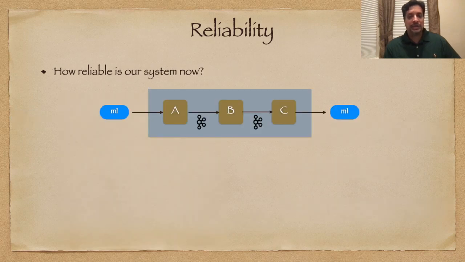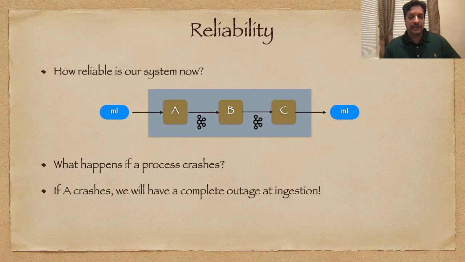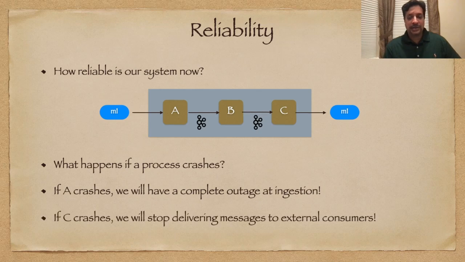Now, what can we say about the reliability of our system? Well, what happens if a process crashes? If A crashes, we will have a complete outage at ingest. That means our system will not accept any new messages. If C crashes, we will stop delivering messages to external consumers. Although that does mean A will continue to receive messages, it means that C will not be delivering them anywhere.